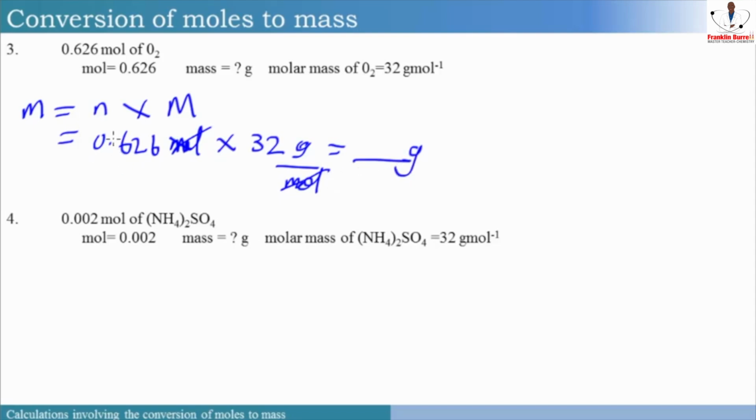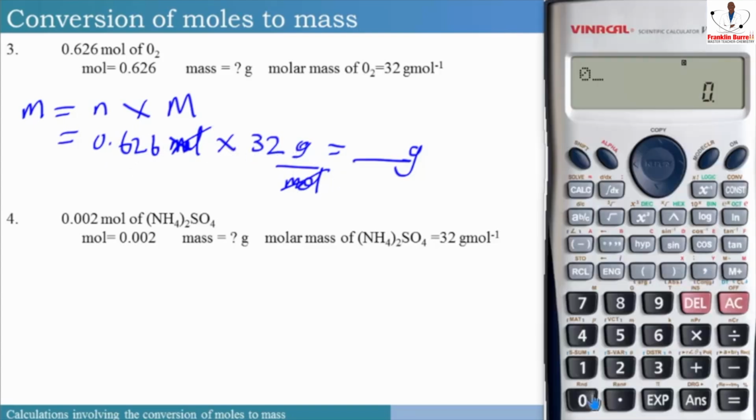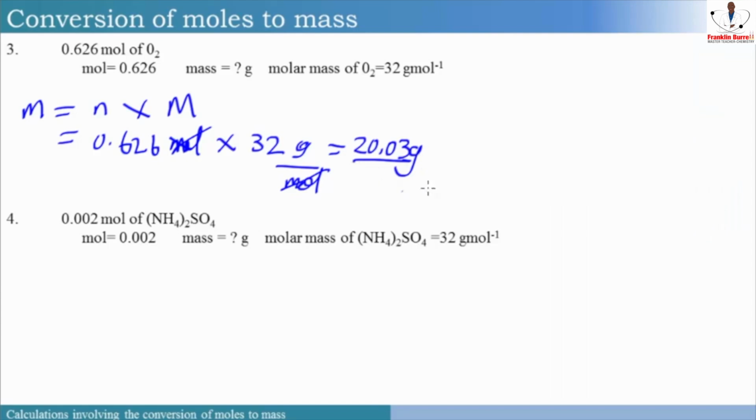So let's calculate 0.626 times 32 grams per mole. 0.626 times 32 is equal to 20.03. So we'll have 20.03 grams, if they ask for our answers to be to 2 decimal places.